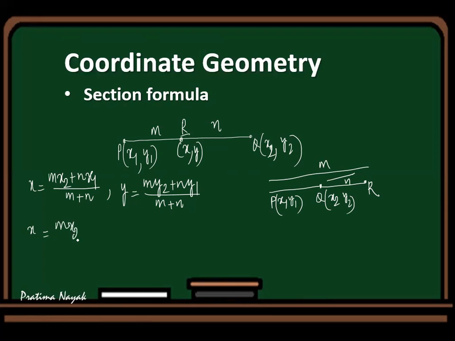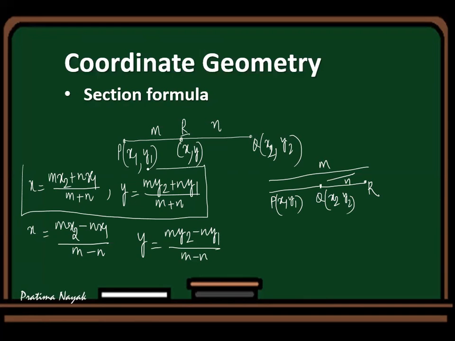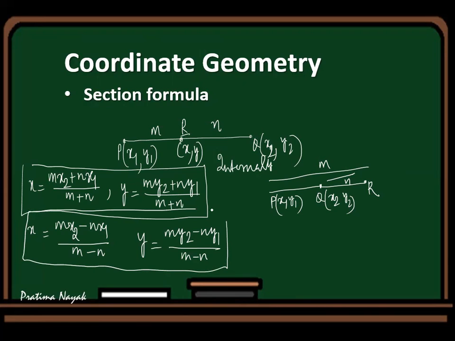The coordinates are x equal to (mx2 minus nx1) by (m minus n), and y is equal to (my2 minus ny1) by (m minus n). So the first formula is for internal division, and the second formula is for external division.